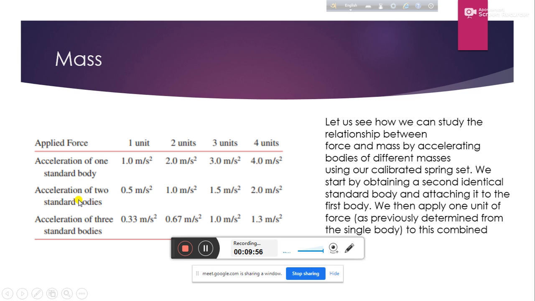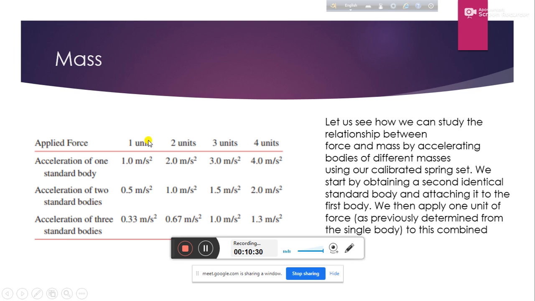Now next, we will add another standard body which is identical to the primary one. It looks the same, and you can guess that the quantity within the body is also almost the same. If you add another body and connect them, we can call it two standard bodies, basically two units. Initially it was one unit, and this is two units.